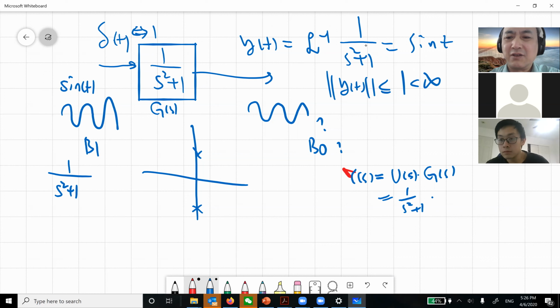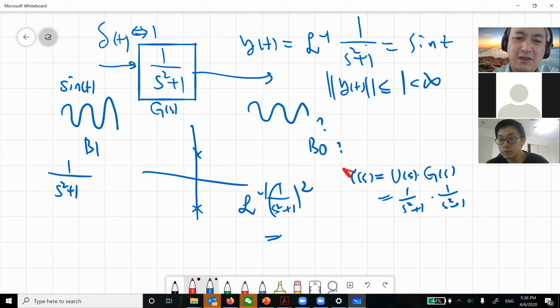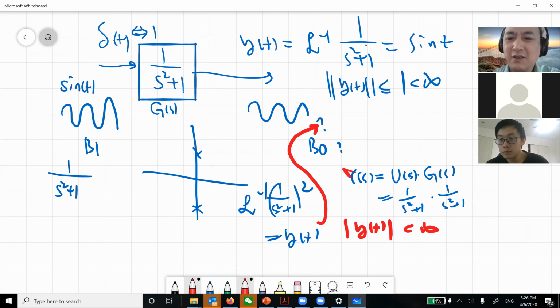So g of s is also 1 over s squared plus 1. So then I'm trying to ask, what is my 1 over s squared plus 1 squared, and that is my L inverse. The inverse Laplace transformation will give me y of t. So is the y of t less than infinity for all t?